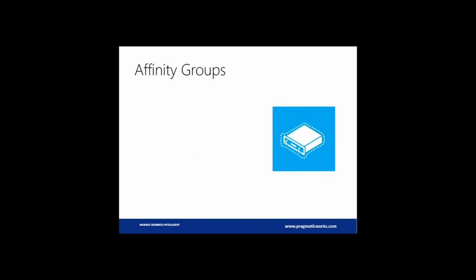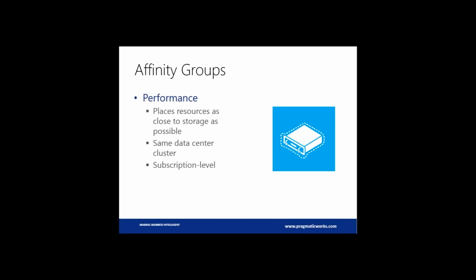All right, next we're going to talk about Affinity Groups. So I've spun up a VM in my data center, and as we've already seen, I've got a VM, I've got storage, I've got network, but as you create these resources, they may not necessarily be in the exact same place.